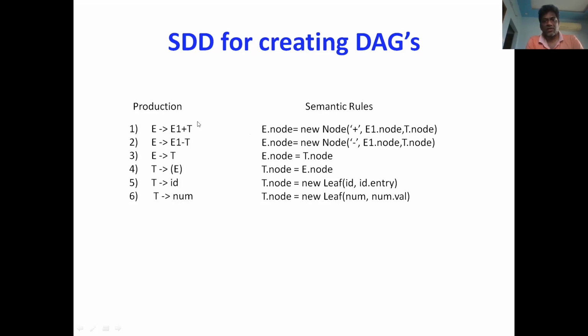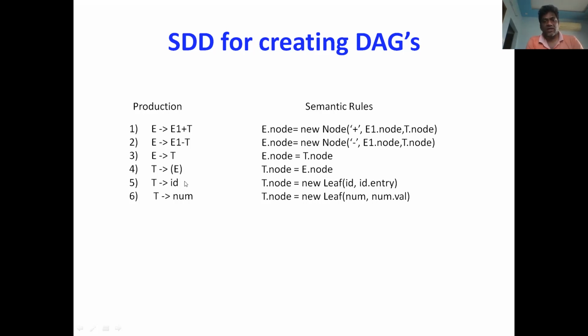So whenever there is an operator, you will be creating a new node like this. And if the corresponding production does not contain any operator, then whatever is on the right side, the value will be copied as it is to the LHS. So there is no change in these two expressions.